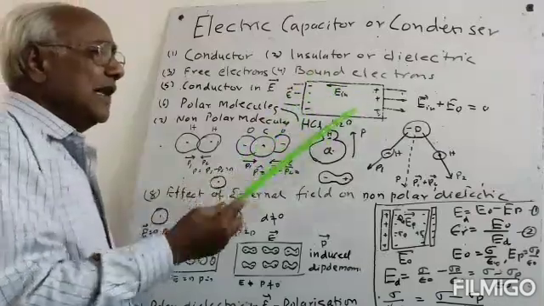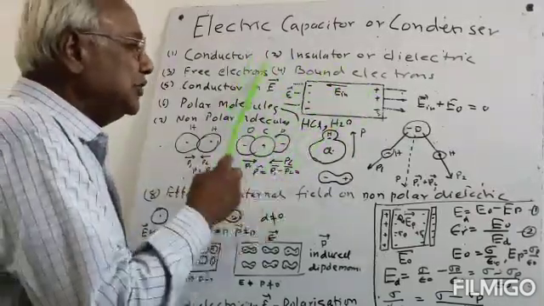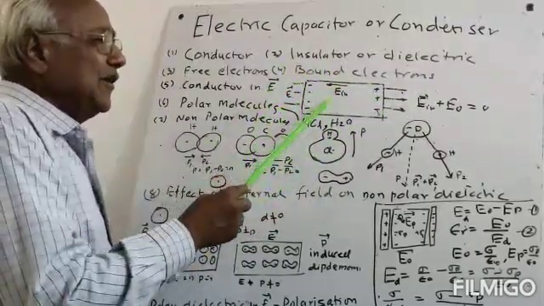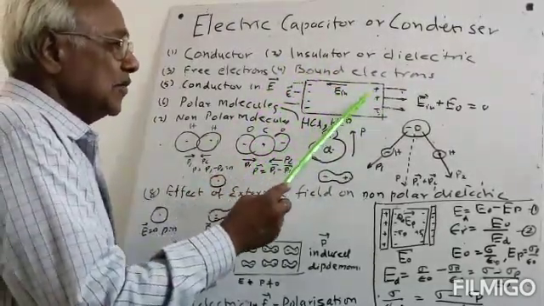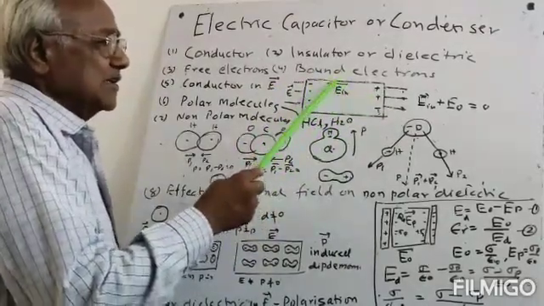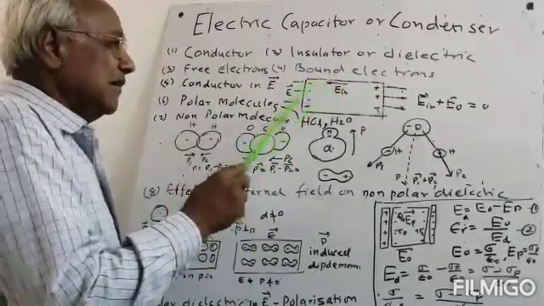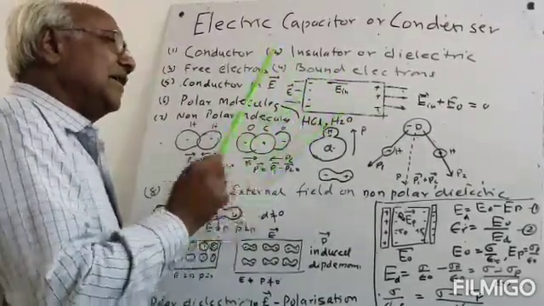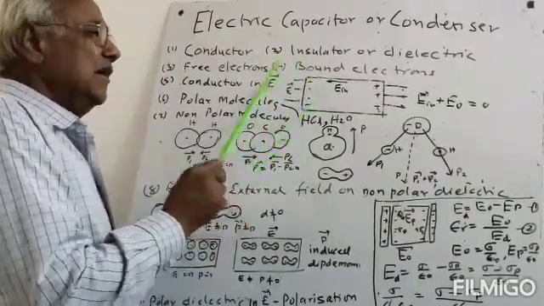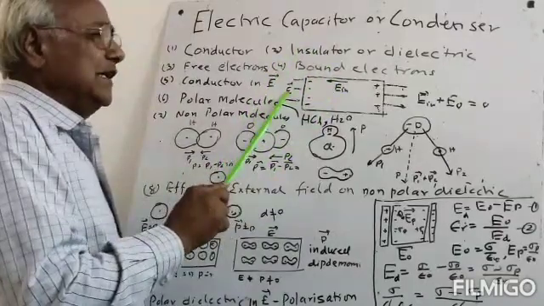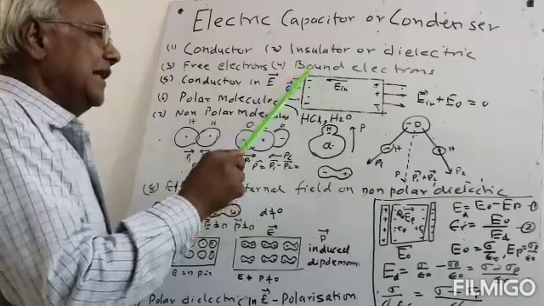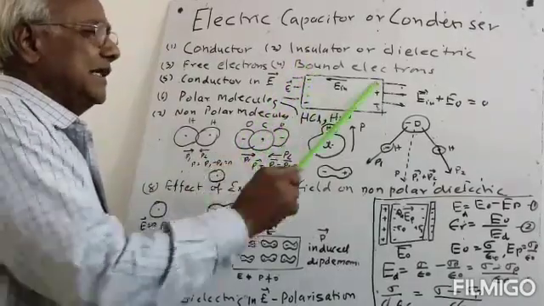So the direction of the electrical field is always from positive to negative. Inside the material, the electrical field will be from plus to minus, meaning this E will be in this direction. As we put the conductor in the field, En will be increasing, and ultimately when En is equal to E, then this transfer of electrons is stopped and this end will be negatively charged and this end will be positively charged.